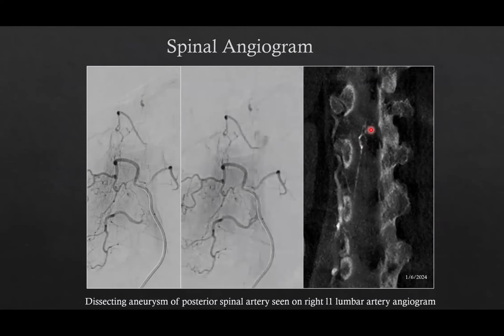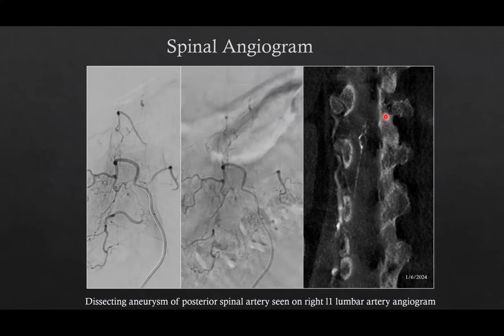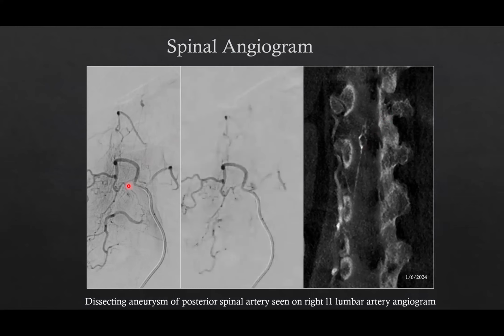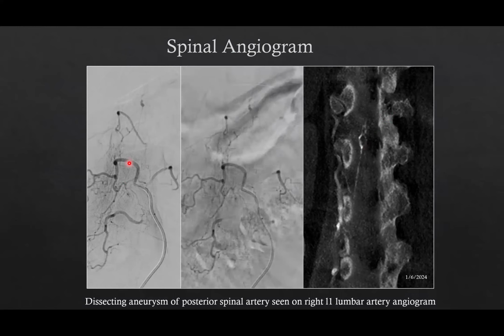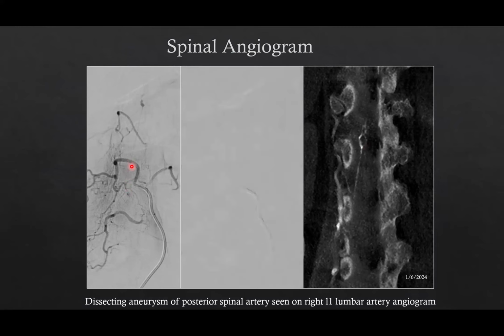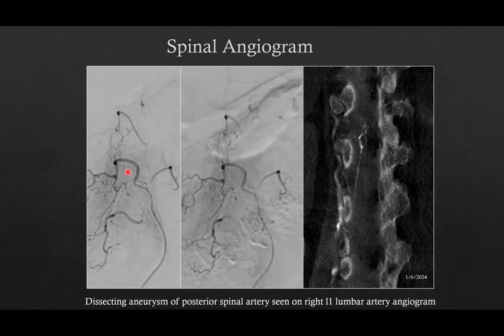Her subarachnoid hemorrhage was because of the rupture of this dissecting aneurysm. If you look at the caliber of this artery, it is very thin, so navigating any catheter through this artery to the site of the aneurysm will be extremely challenging. There is also a filling defect or thrombus seen within this aneurysm.